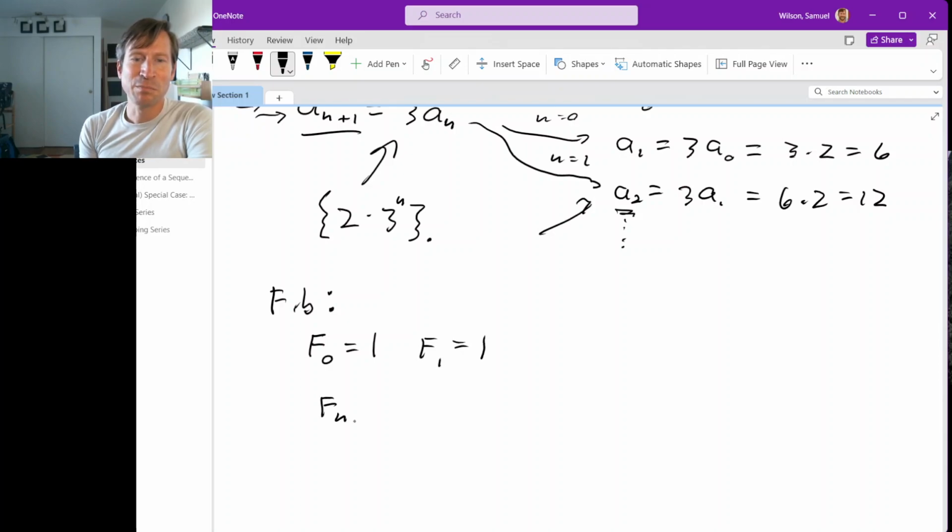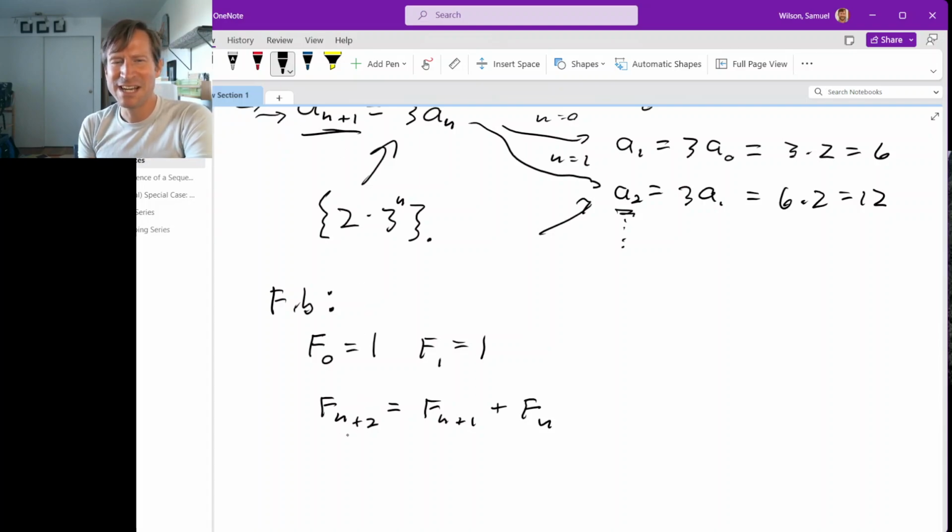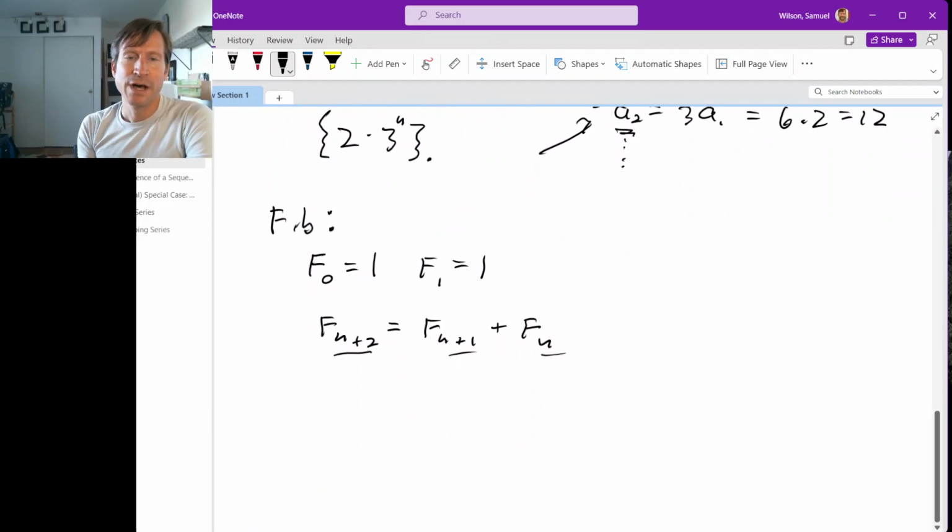And then the n plus second term is the n plus first term plus the nth term. So I know I said earlier that to have a recursive definition, you have to define the n plus first term. But really, what is important about recursive definitions is that you're defining a later term in terms of earlier terms.